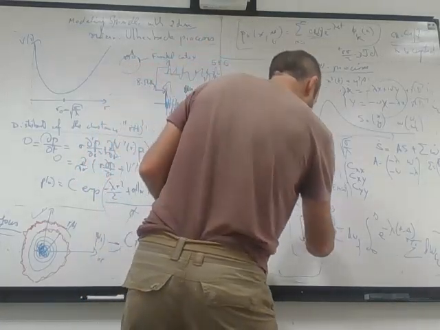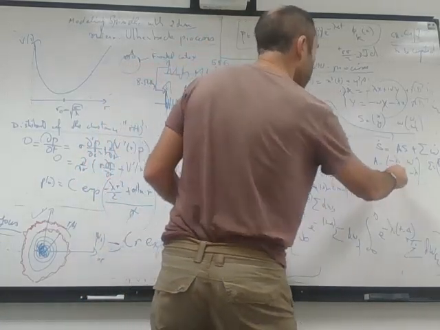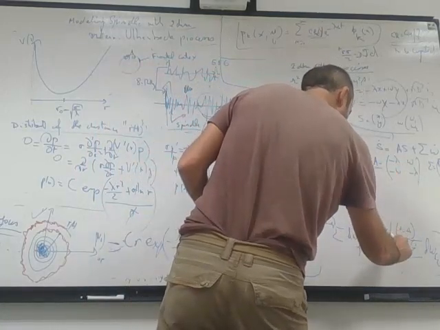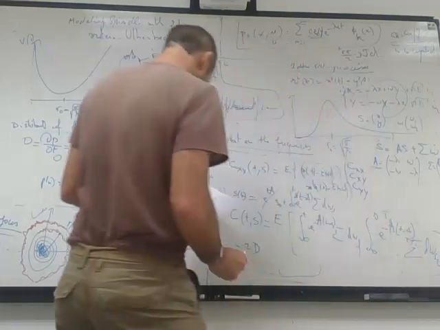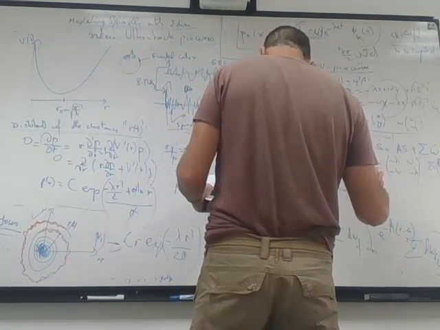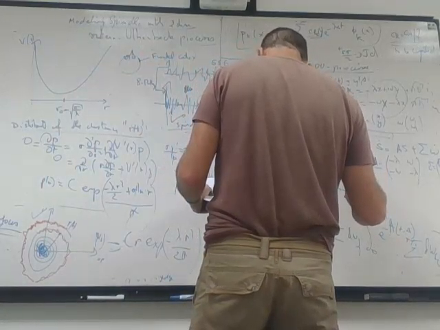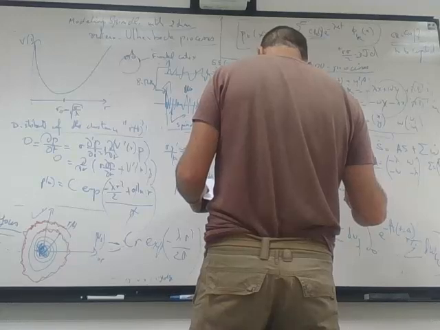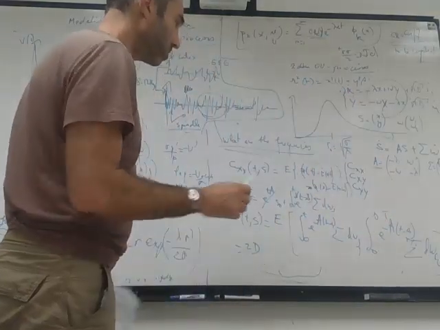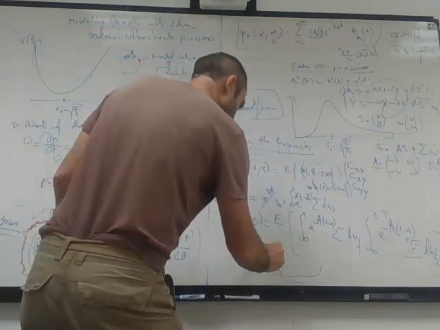Wait, I'm sorry, it's not lambda. It's in here, it's the matrix A. A and A transpose. Yeah, this is correct. This is A transpose. Sigma transpose. Okay, so this is 2D.